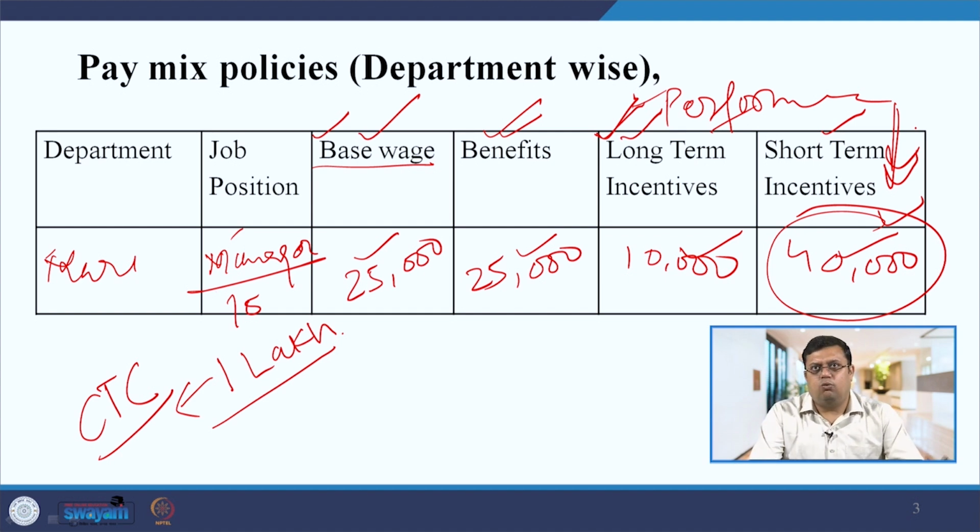So, what I am trying to make you understand here is that each component of the salary gives some signal to the employee about what this organization wants to do, right. For example, here if you see the employee benefits are very high, but the base rate is not that high.